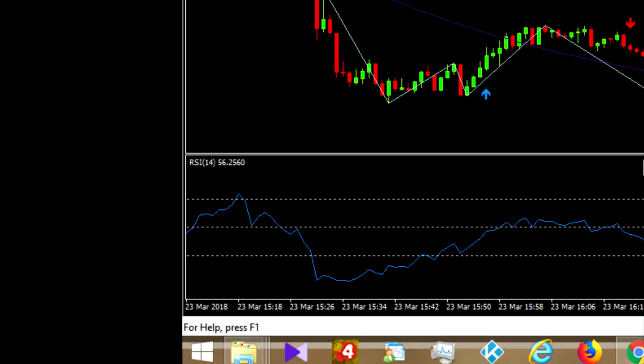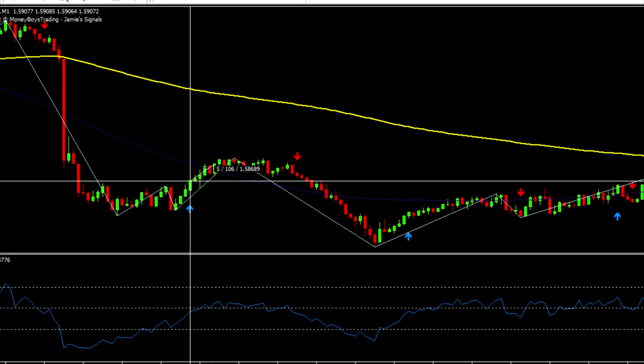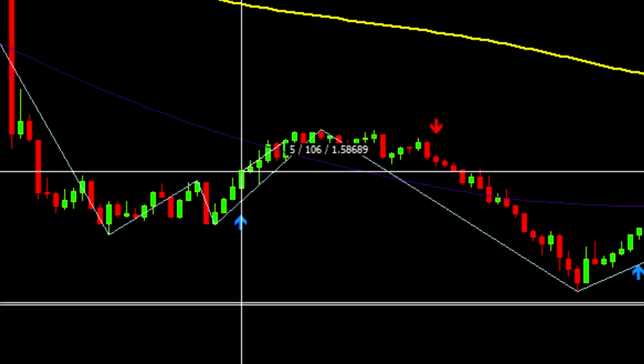Because the new lower low doesn't break, or is not equal to, the previous lower low. So this is kind of a risky setup, because if you try to trade the pullback strategy on this, this is what happens.